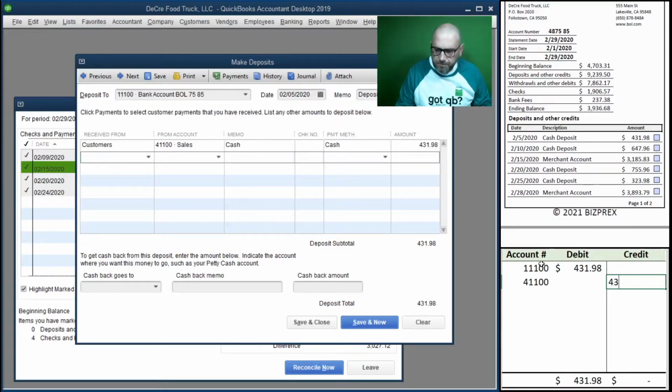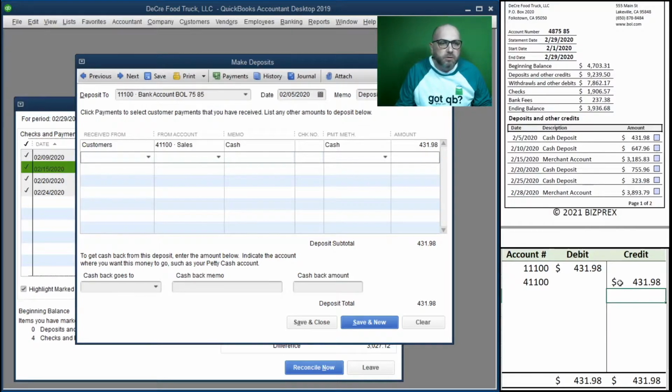So here we are. Again, just so you understand, even though we're entering the amount just once here, this amount impacts both accounts, 11,100 and 41,100, the bank account and sales. The bank account goes up because it's an asset, it's debited, and our sales go up as well because they're credited, and that's how sales accounts are increased, through credits.